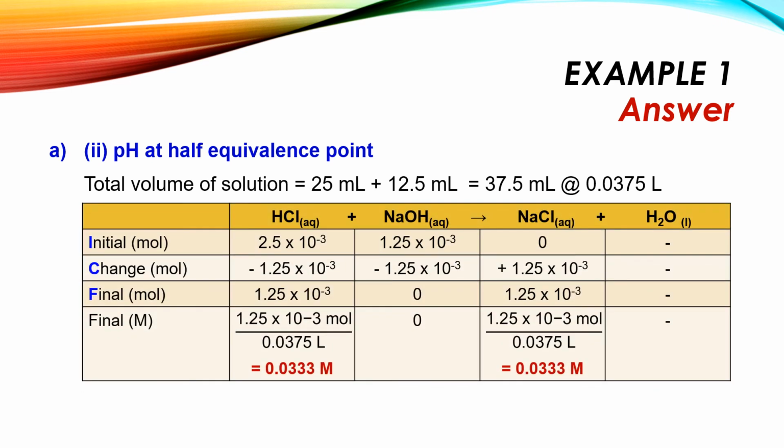By using the ICF table, we can determine the final composition of the reaction. From the ICF table, we can observe the final concentration of the hydrochloric acid remaining is 0.0333 molar, and the sodium chloride formed is 0.0333 molar. That shows the sodium hydroxide is completely consumed during the reaction.